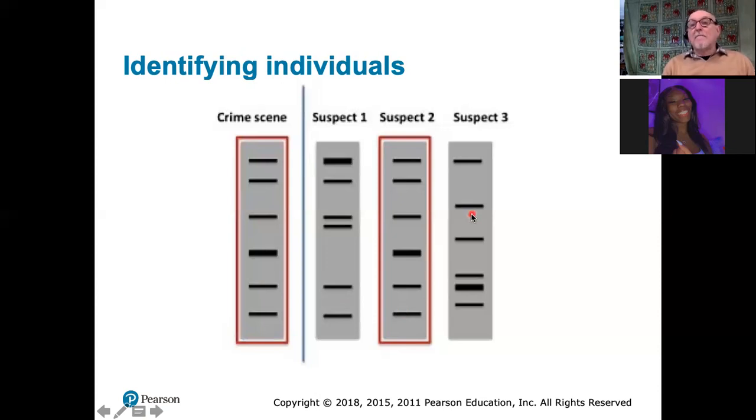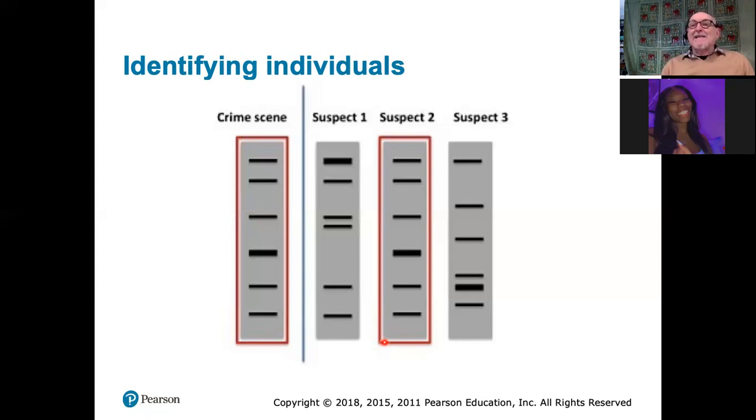Suspect three, there's hardly any match at all. They do match the first band, and they seem to match one down here, but that is all. It is clearly suspect two. And with RFLP, when you work out the probability that this pairing occurred by chance, it's extremely low. RFLP is a very, very powerful technique.